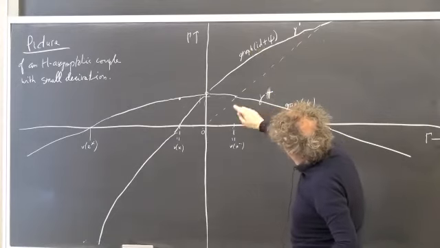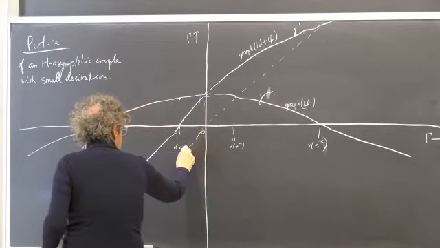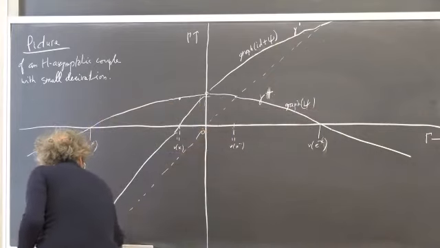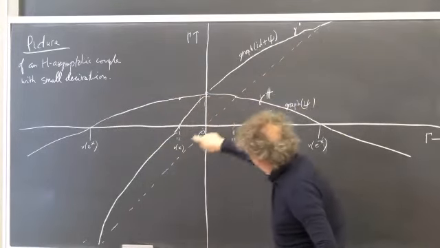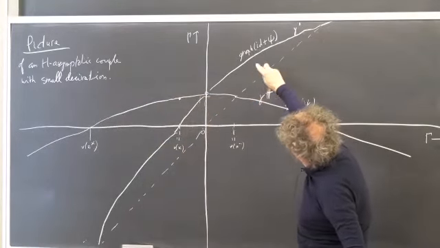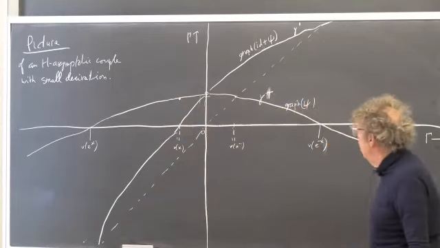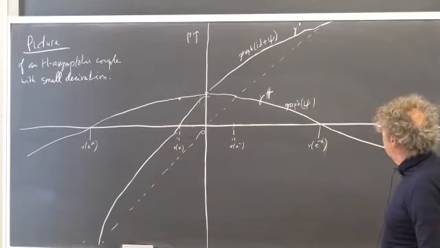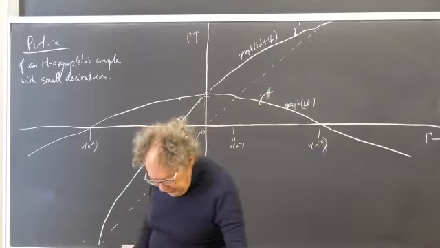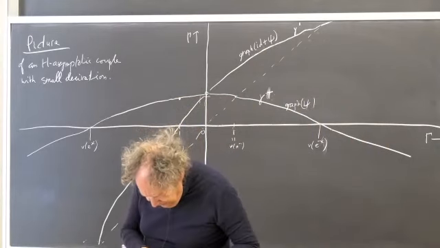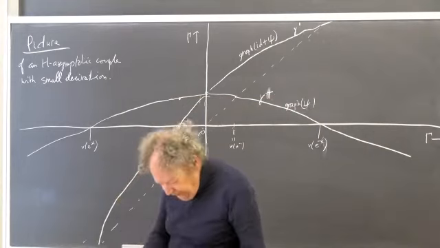I've also tried to draw the identity function itself, which is this line. Okay, what else do I want to say about this picture?